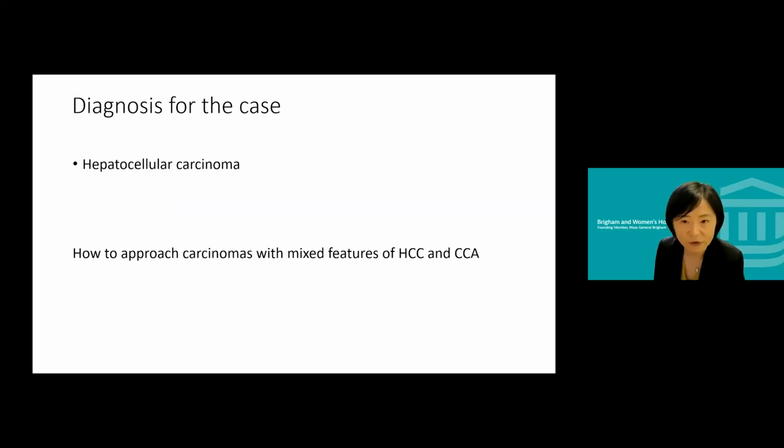HCC does not respond to chemotherapy, but the available options include sorafenib, which is a tyrosine kinase inhibitor, and immunotherapy. For cholangiocarcinoma, they respond to conventional chemotherapy, and also there are many newer targeted therapies available for cholangiocarcinoma. So the clinicians will want to know what kind of tumor this is.